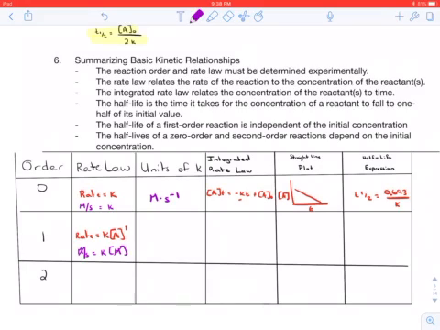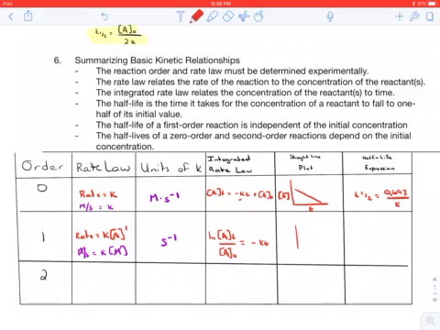So one of our molarities cancels, and we're left with seconds to the -1. That's our unit on K. Our integrated rate law, this is where we use our natural log. All right, so we've got the natural log of A sub t over A sub 0 equals negative kt.